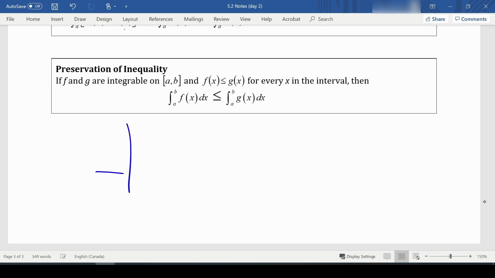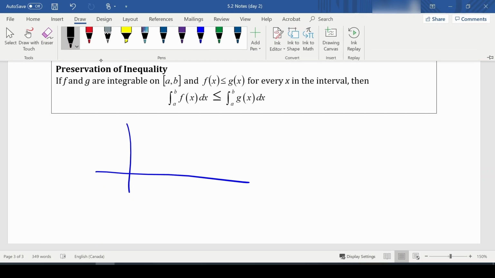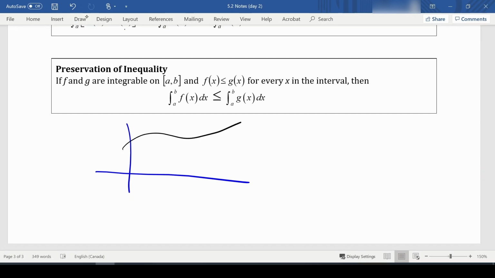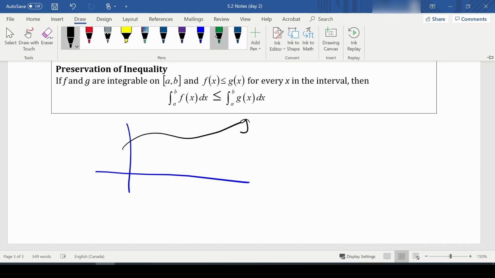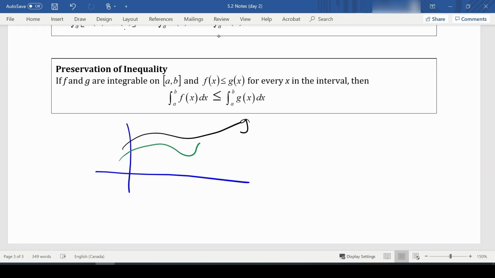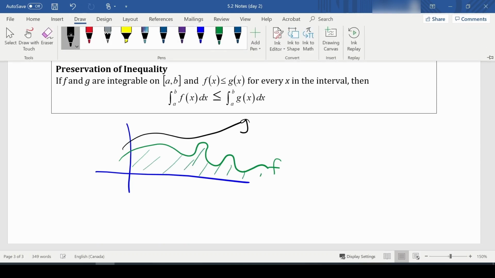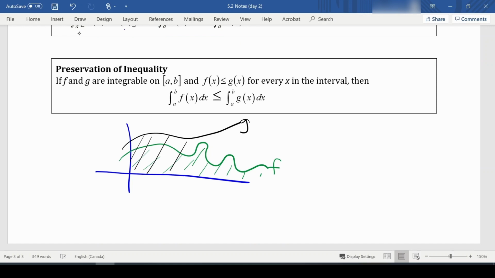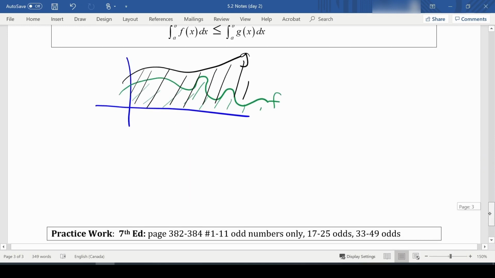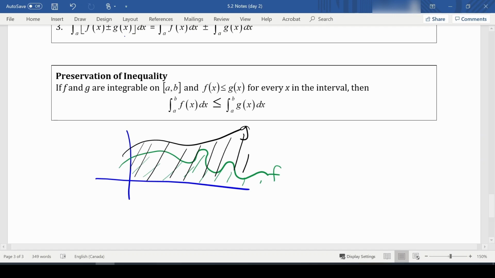If you think about it, if you have something like this as your g, and let's say your f is something like that, the integral of f is the area under f, and the integral of g is the area under g. So if g is larger than or equal to f, then the integral of g must also be larger than or equal to the integral of f. Okay, and that is it for this section.